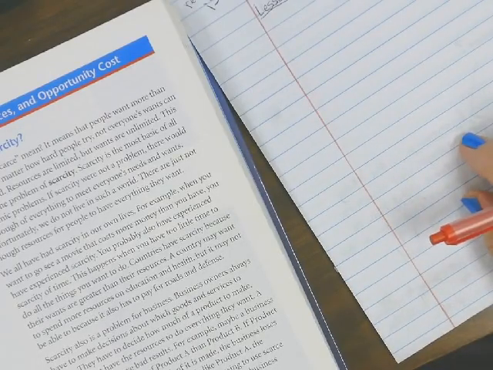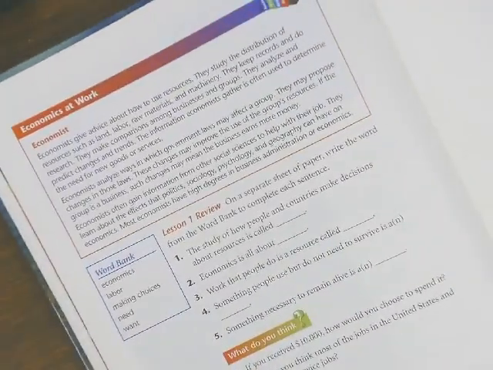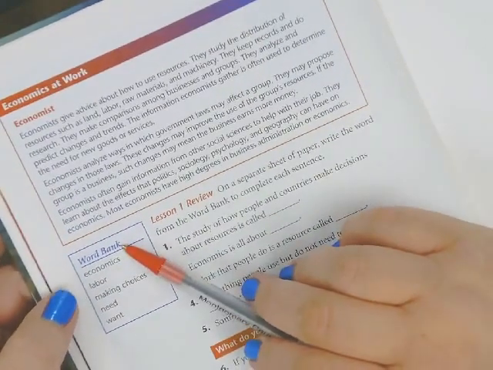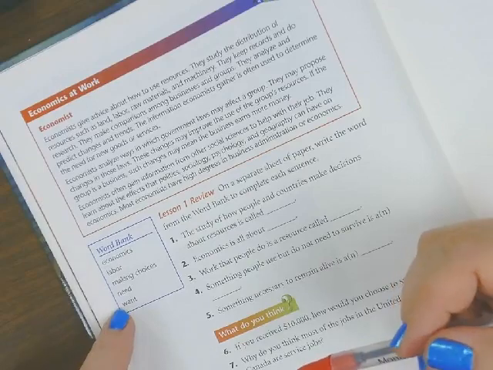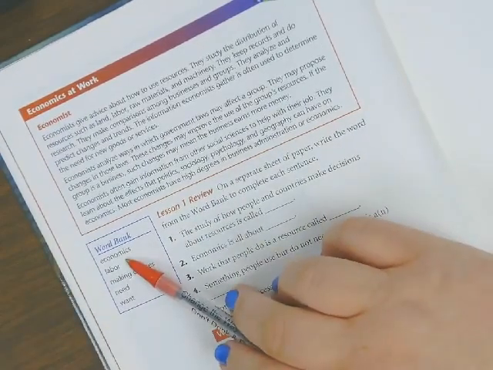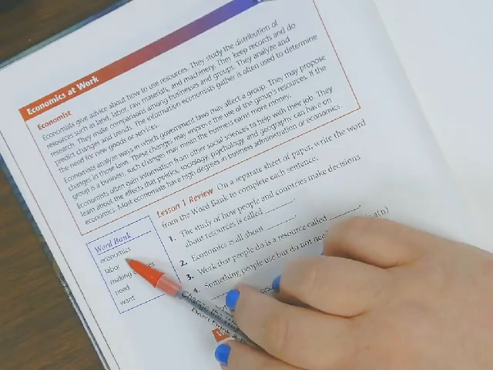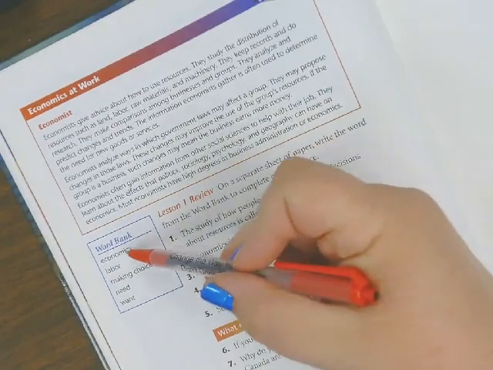So the first thing I see is the word bank: economics, labor, making choice, need, want. A word bank is a collection of the words they're using.